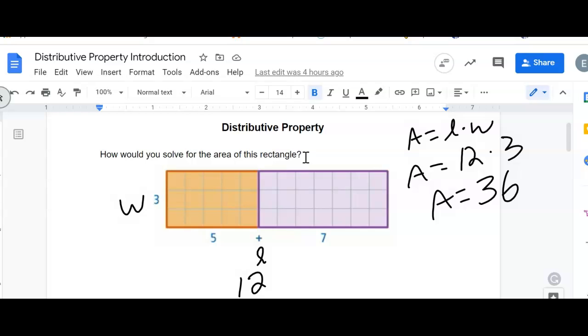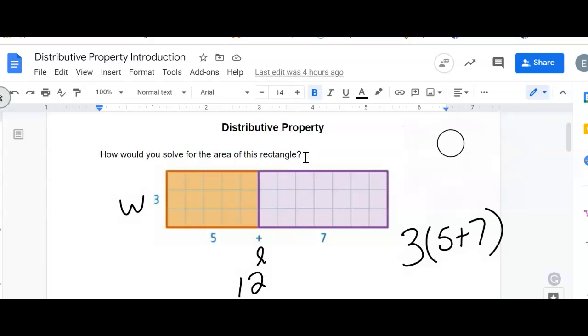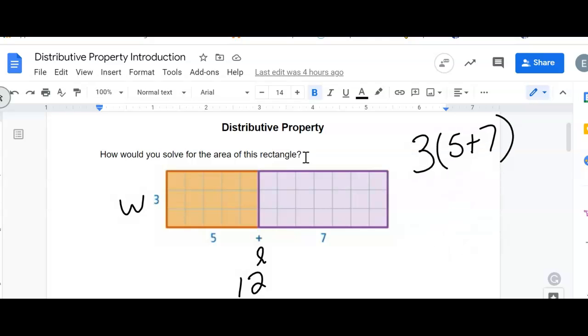Good with that? All right. Now I'm going to show you what this would look like using a numerical expression. 3 parentheses 5 plus 7. Would you all agree that you could use this numerical expression to find the area of this big rectangle? I've taught you the order of operations already.